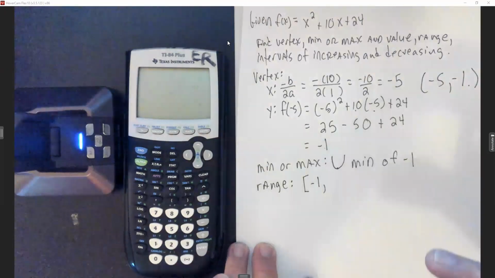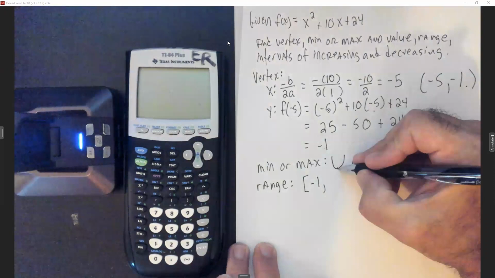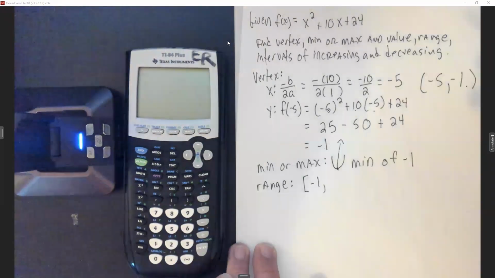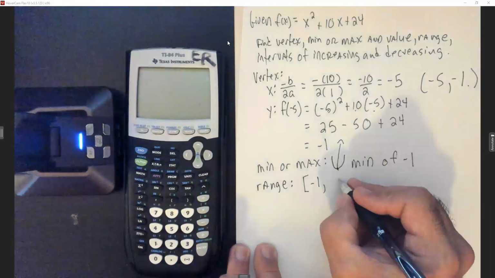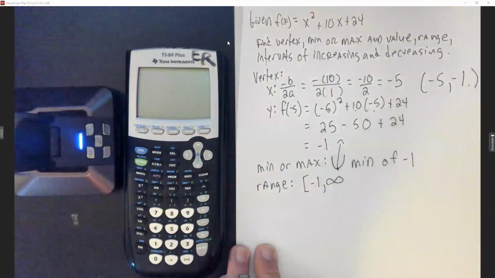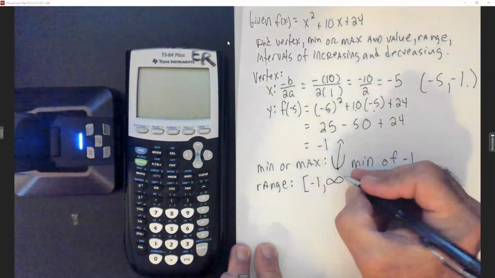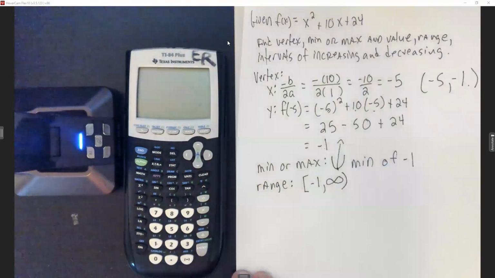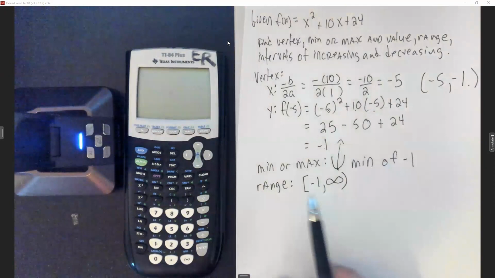So notice, here's your negative 1. Now you're going up in y directions. You're headed towards what we call positive infinity. And y'all, infinity always has a curve around it. So since the range can equal negative 1, we had to use the bracket, okay?